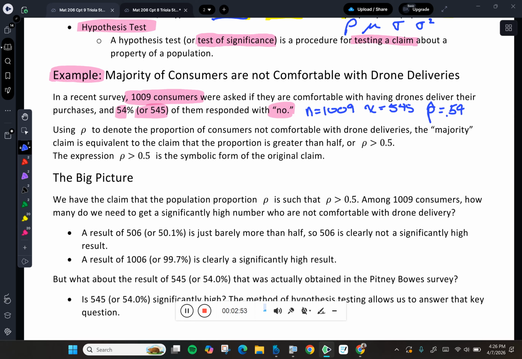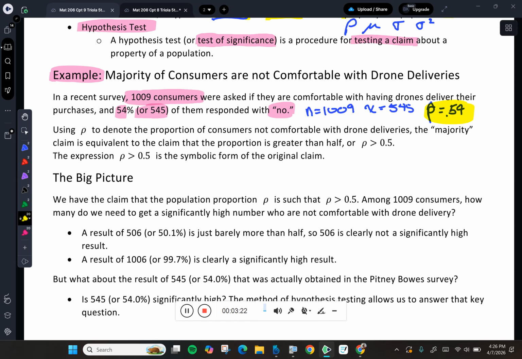And so what we're saying is we gathered data, and here's what the data says. Okay? But this is sample data. And because you're bathed this far in stats, you know that when you sample, the value that you get from your sample, in this case that 54% that we got from our sample, is not necessarily going to be the same if we run this survey again, if we talk to a different group of 1,009 consumers.